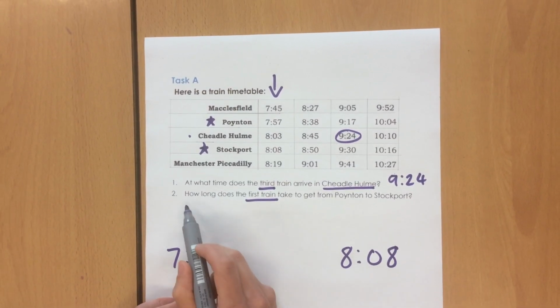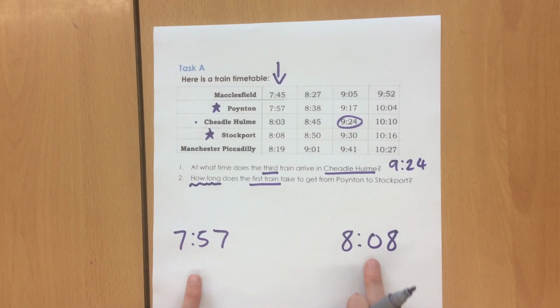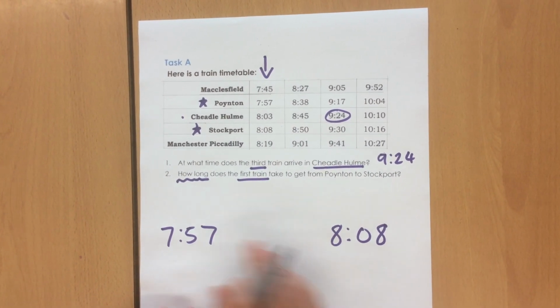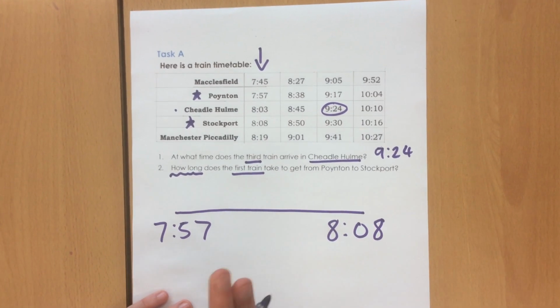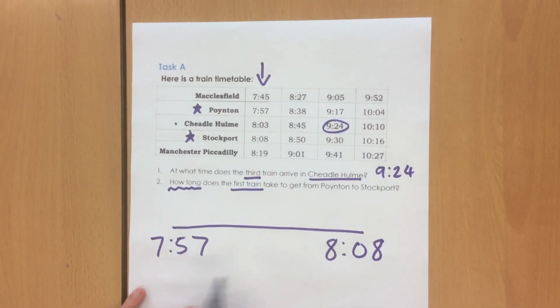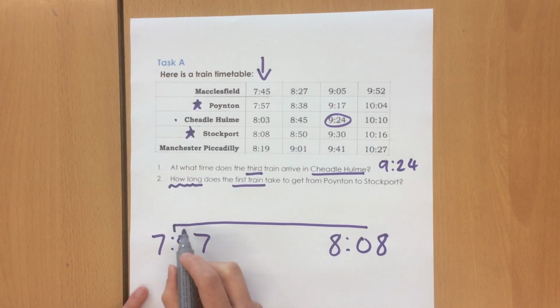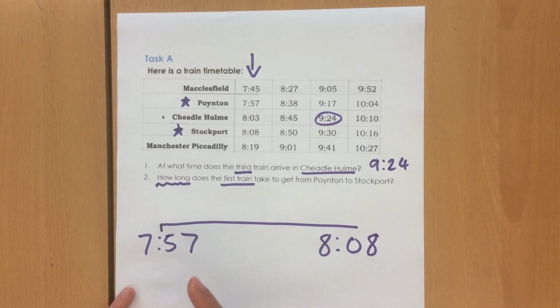Now the question says, how long? So I need to calculate the time difference between 7:57 and 8:08. Now, when you have a time duration question like this, 100% the best way to go about this is to use a number line. Right, so I've started my little number line here. 7:57 is here. What do I need to add to 7:57 to get to the nearest hour?